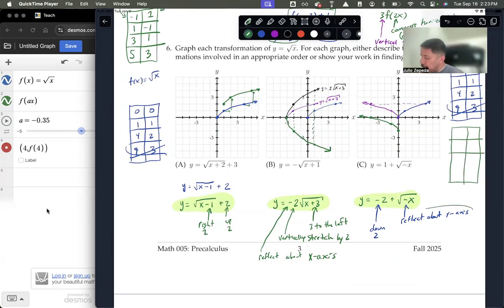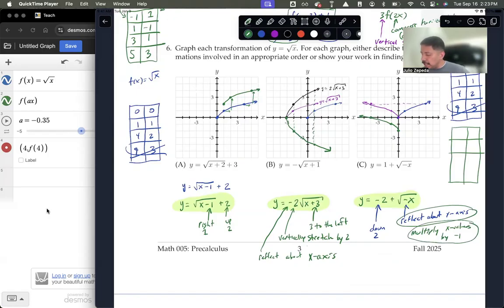Well, if I reflect about the y-axis, that is going to require me to multiply my x values by -1. So we can call this the table method. We're going to look at a table of values for the parent function, and then we're just going to multiply the x values by -1.